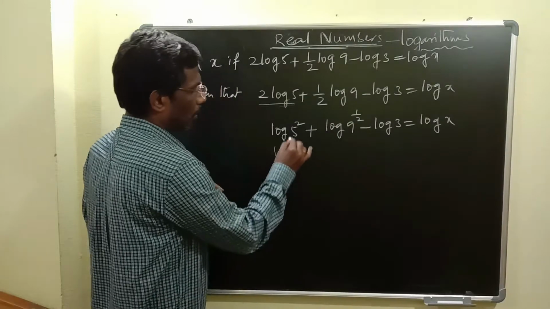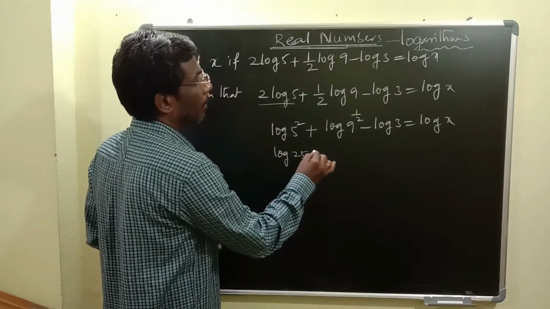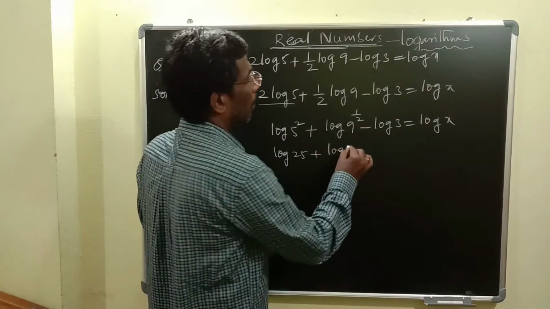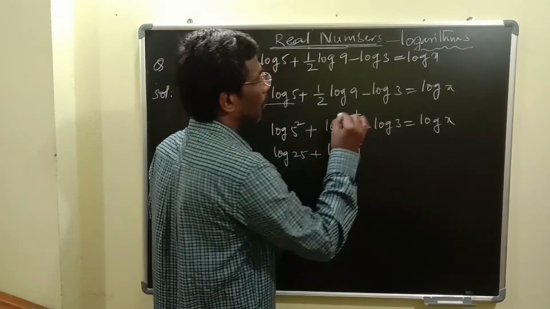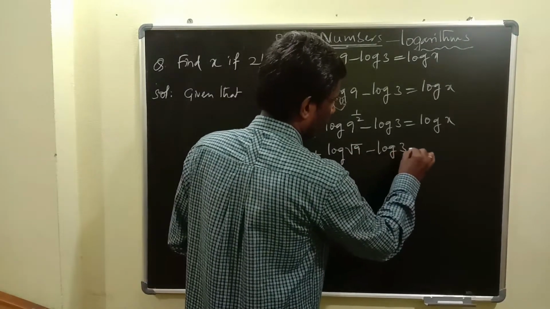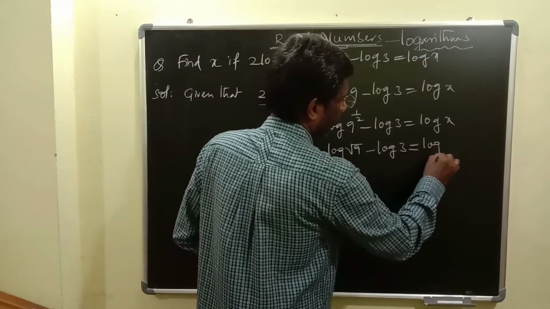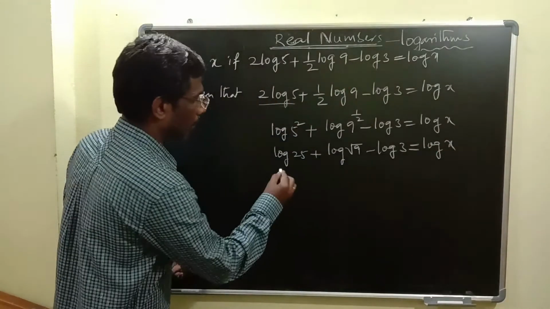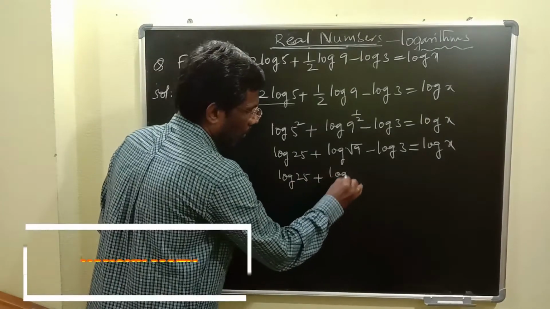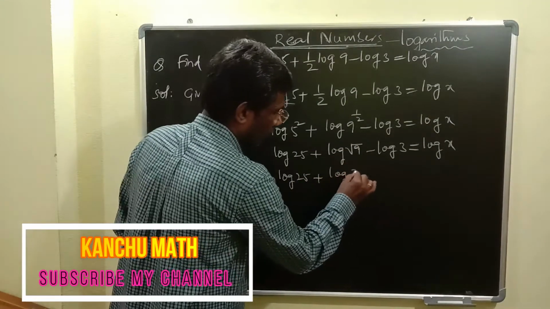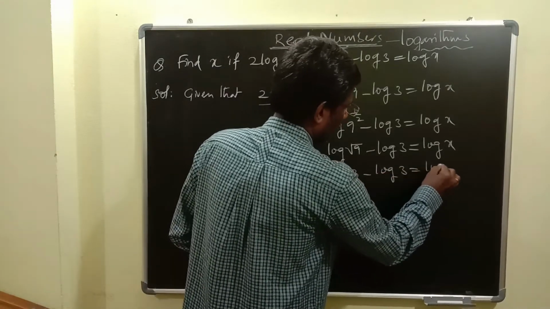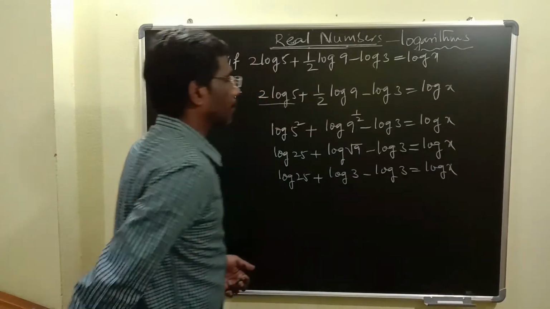Log of 5 square is what? 25. Plus log, this power 1 by 2 can be written as square root of 9, minus log 3 is equal to log x. Log 25 as it is, plus log root 9, whose value is 3, minus log 3 is equal to log x.